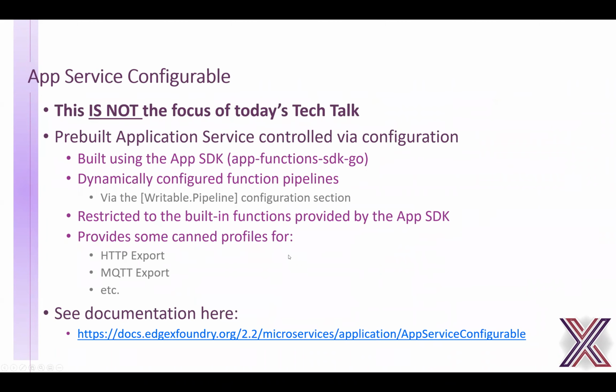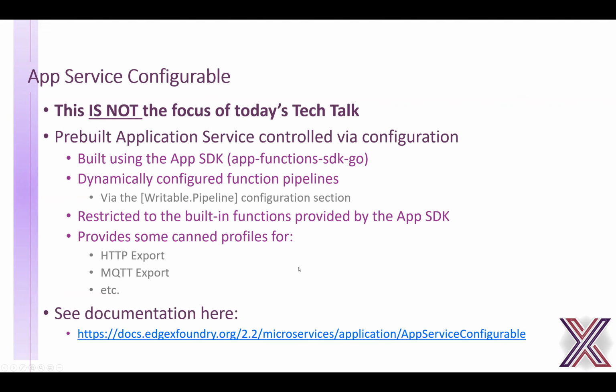All right, a little bit more on app service configurable, but as I highlight here, this is not the focus of our talk today. Just want to make sure everybody's aware there is an option to writing a custom application service. As I said, it's pre-built and controlled via configuration. It is built using the same application SDK, but it allows you to dynamically configure function pipelines via the writable pipeline configuration section in the TOML file.